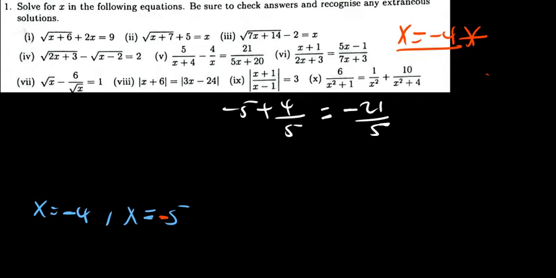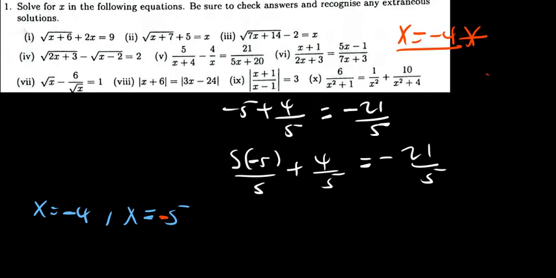The left hand side is the same as rewriting it as negative 5 divided by 5 plus 4 over 5. Why am I writing it that way? Let me explain. I know that 5 divided by 5 is 1, so it will take me back to negative 5. If you don't understand that part, you can do it like this: you put divided by 1, the denominator is 5. It's the same thing.